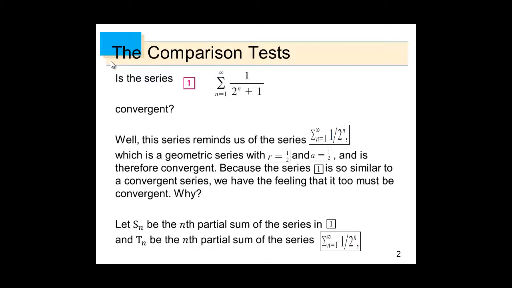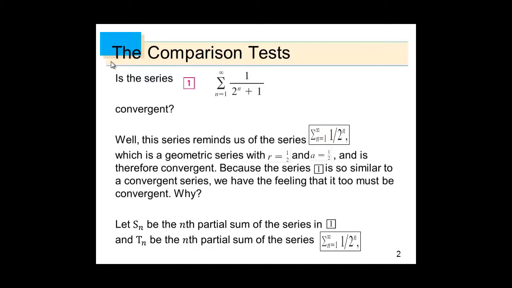So how do we decide whether or not this is convergent or divergent? Well, we can compare the partial sums of this series with the partial sums of the geometric series here. So I'm going to call this the second series. This is the first one. And we are going to compare their partial sums.